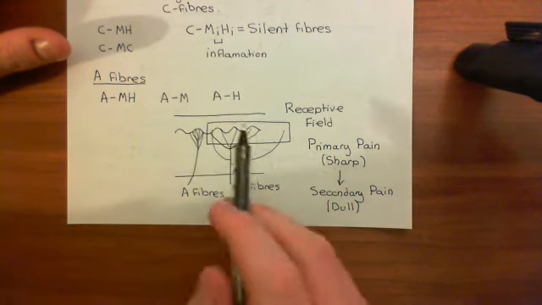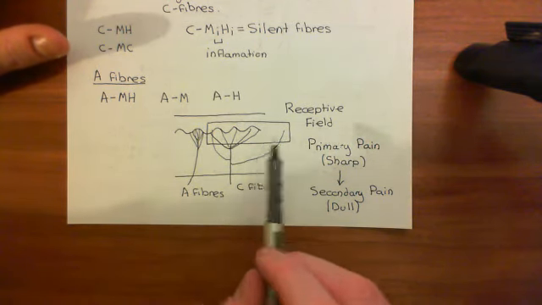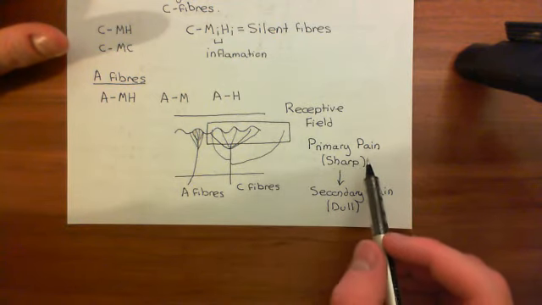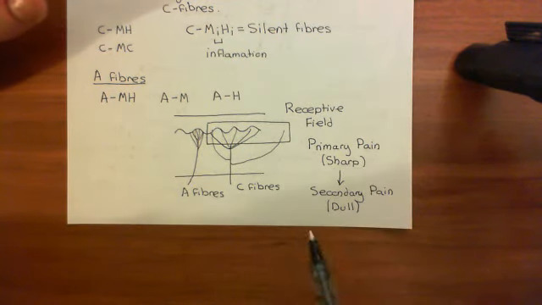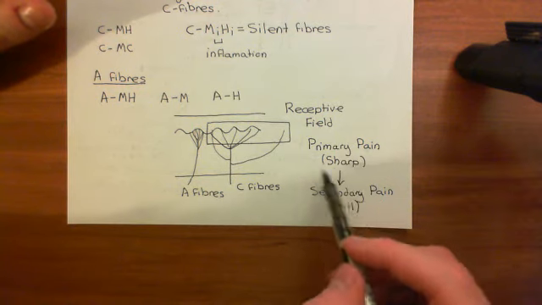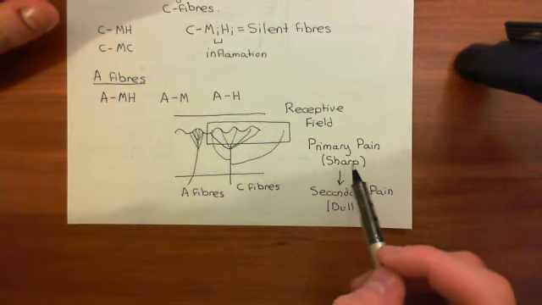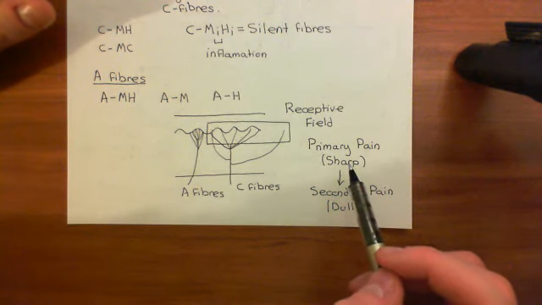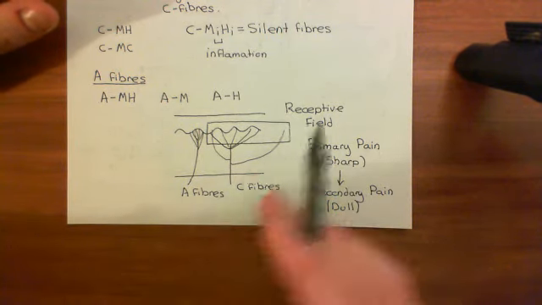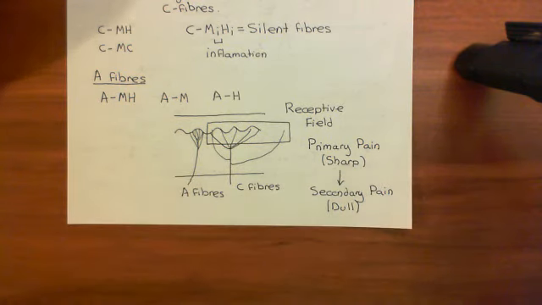Now, what's this got to do with the receptive fields? Well, you might recognize the fact that the primary pain is generally very localized. So this sharp pain, you generally know exactly where the problem is. Even if you didn't know where you'd cut yourself, your brain would be able to picture the portion of skin that had been cut.